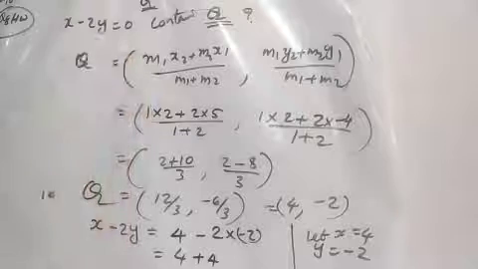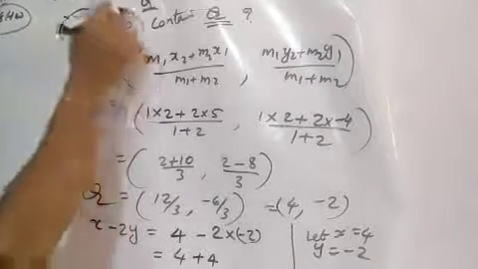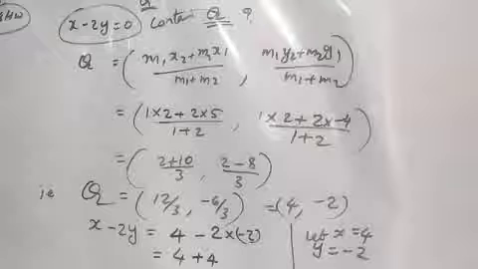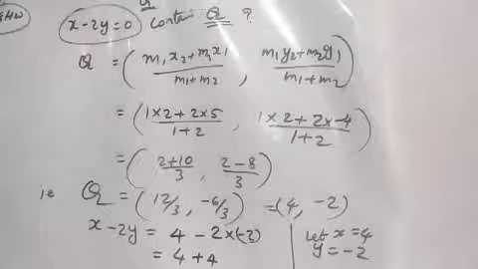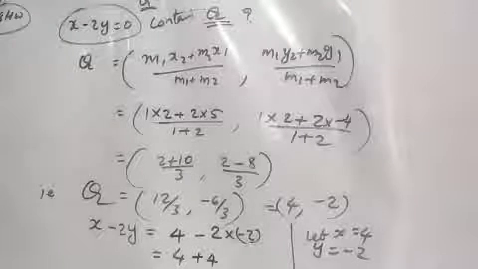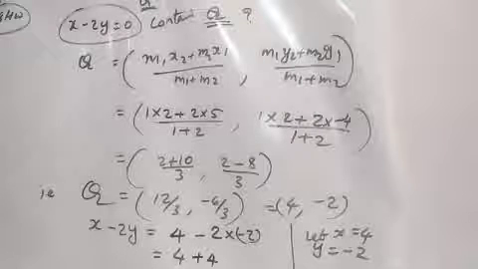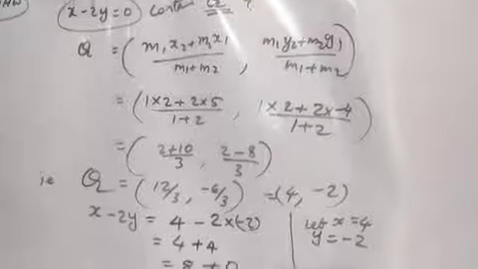0 is given in the question. In the condition it is given x minus 2y must be 0. But we got the value, what is the value we obtained? Yes, that is 8, which is not equal to 0.